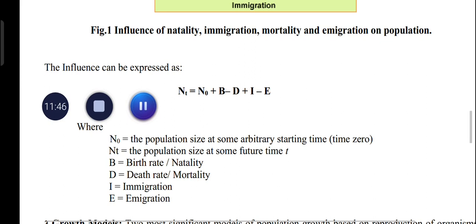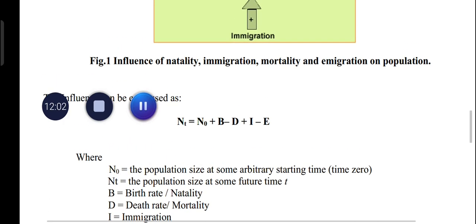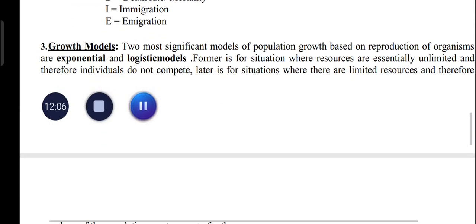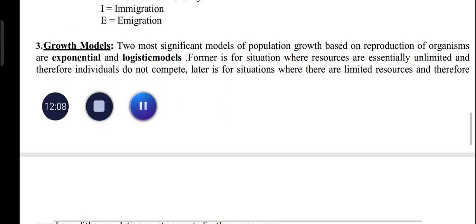B is the birth rate, natality, and D is the death rate, mortality. I is for immigration and E for emigration. So with natality, mortality, immigration and emigration, the growth can be calculated.